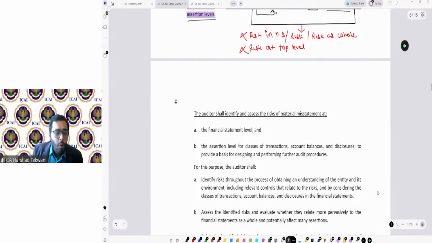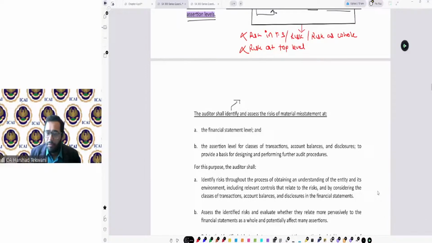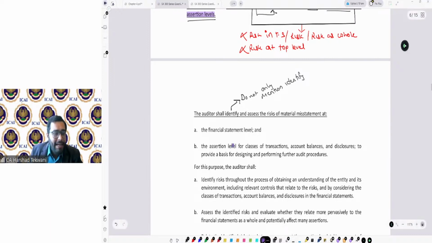Now, most of the people only write identify. Okay. Do not only mention identify. Always use this particular term: identify and assess.